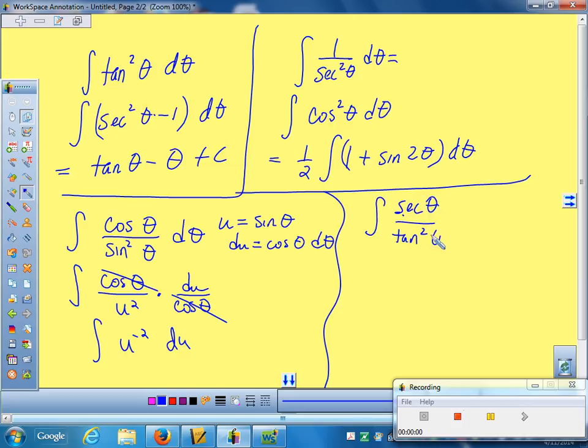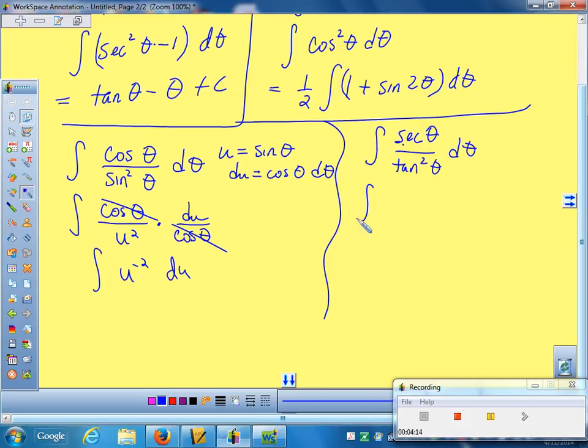Any suggestions? Will it u-substitute? It looks a lot like the last one we just did. Because if I substitute tangent, the derivative will be secant squared, and that won't cancel. So that doesn't work. This one, you have to use identities 1, 2, and 3. Change it into sines and cosines.